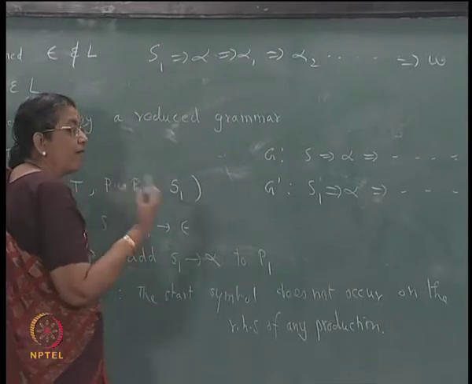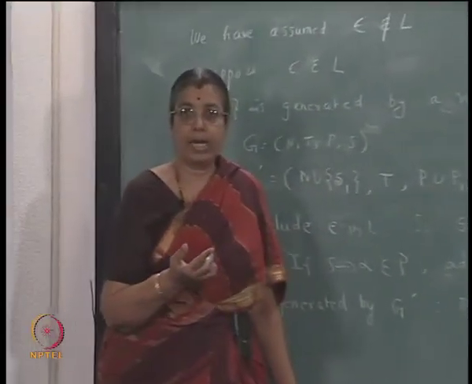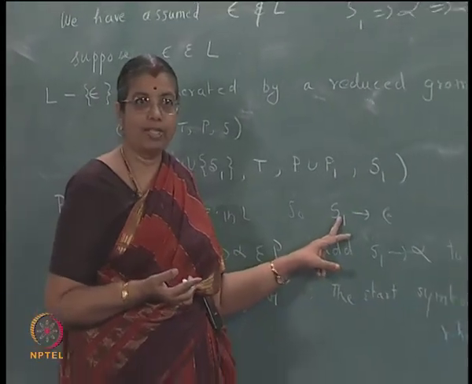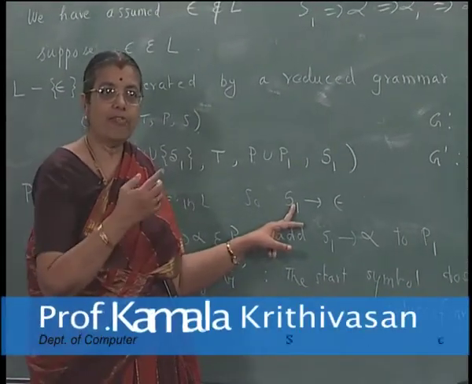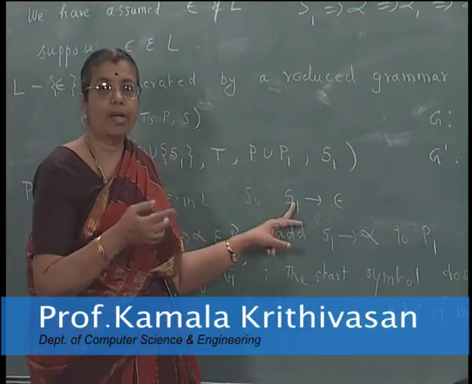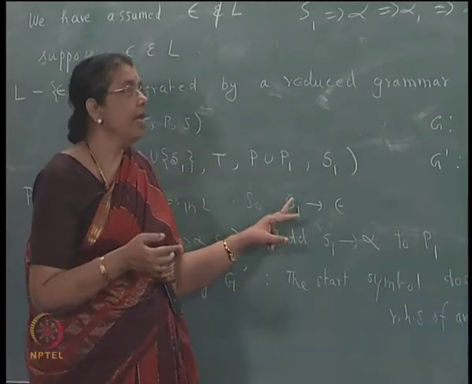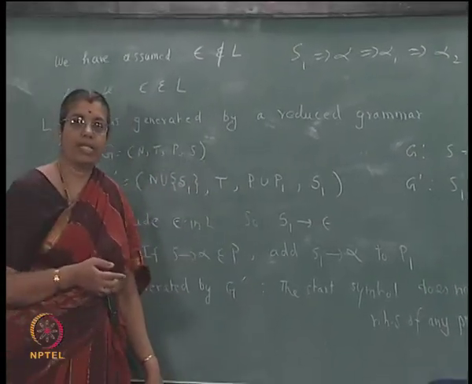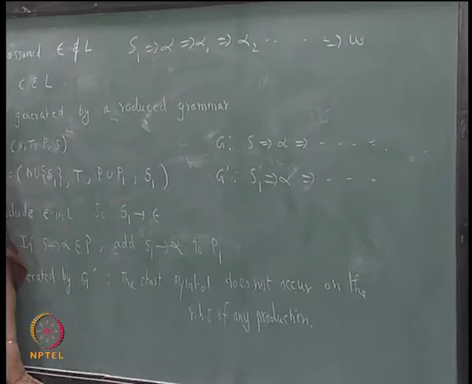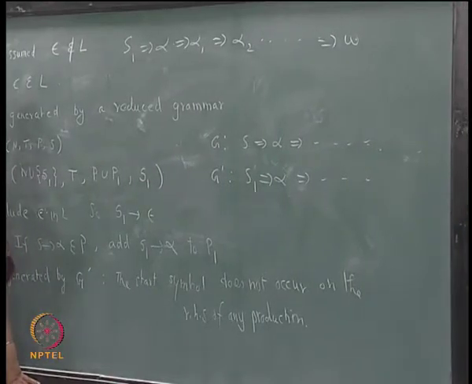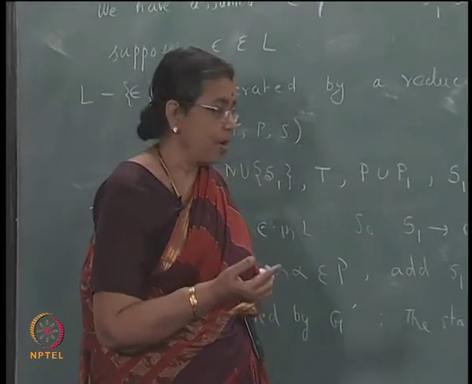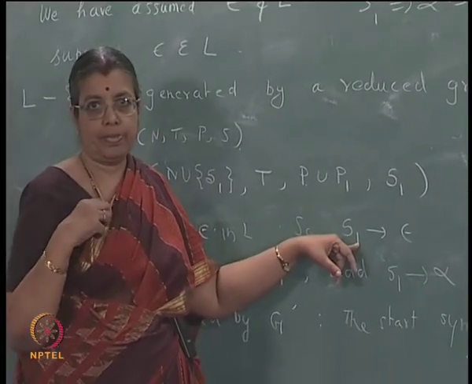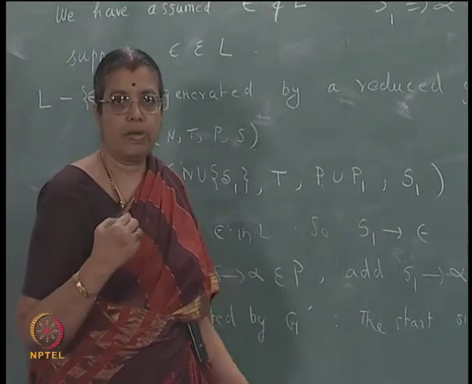But if you have the start symbol on the right hand side, because of this rule, anytime you will be able to apply this rule, and the successive sentential form can reduce in length. You want to avoid that. In any derivation, you want to make sure that the successive sentential forms are non-decreasing in length, and that is why you want to avoid having S1 on the right hand side of any production, since you are adding this rule, S1 goes to epsilon. That is the reason.